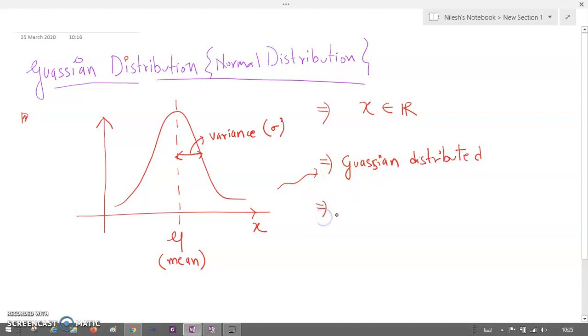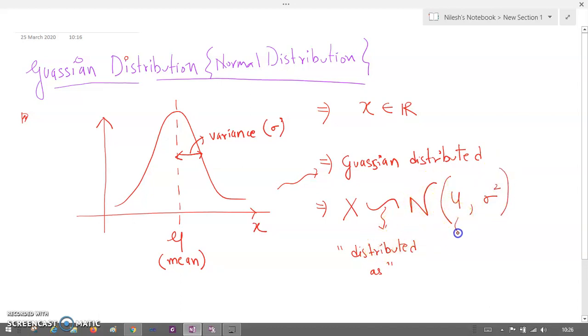I can mathematically represent that with this: this is my x, this is the normal distribution. This symbol represents "distributed as". I can say that this x is normally distributed by taking two parameters. One parameter is your mean, and the other parameter is sigma square, or you can just write sigma.